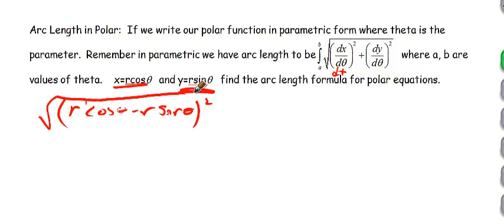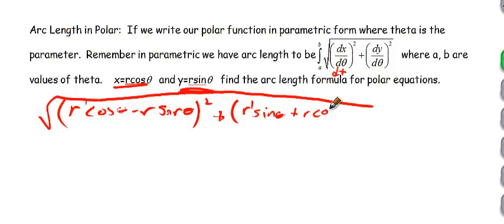The square root of the whole thing. Plus, and now we got to do our dy d theta. So r prime sine theta plus r cosine theta. All this squared. Do an integral. And really just d theta at the end from a to b, where a and b have to be values of theta.